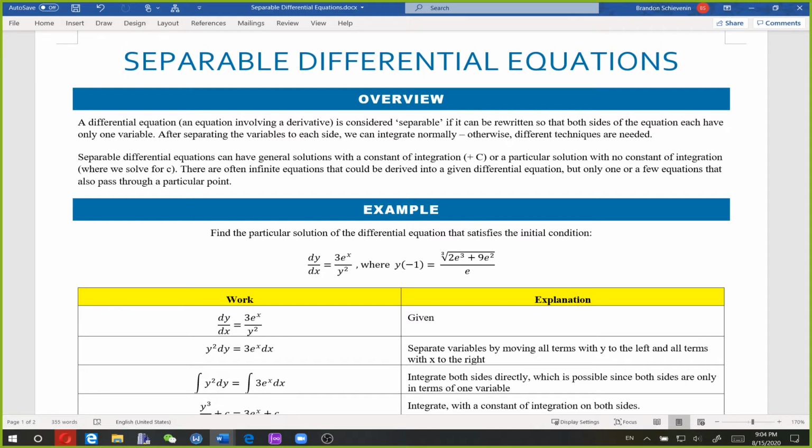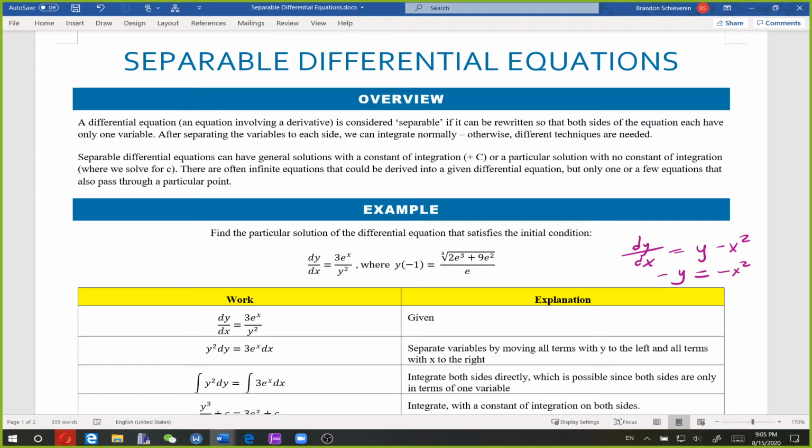If we can't separate our variables like this, so if I still end up with some x's and y's that are mixed on the right side and some x's and y's that are mixed on the left side, something like an equation like this, dy over dx is y minus x squared, this is not a separable differential equation, because even though I can get dy minus y equals negative x squared, I would have to multiply through this dx by every term.